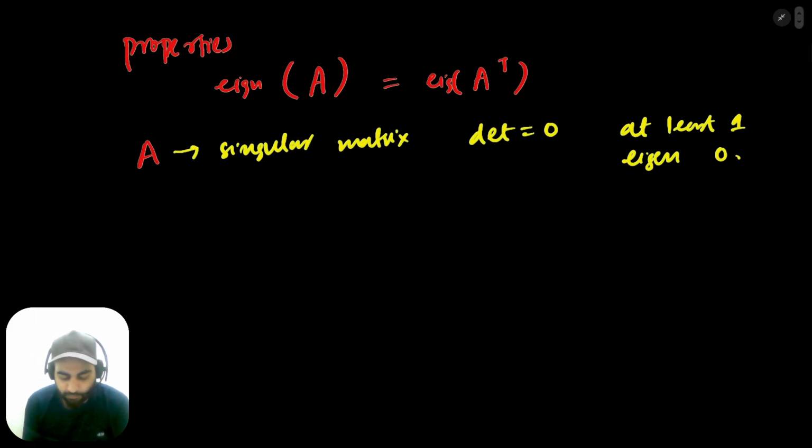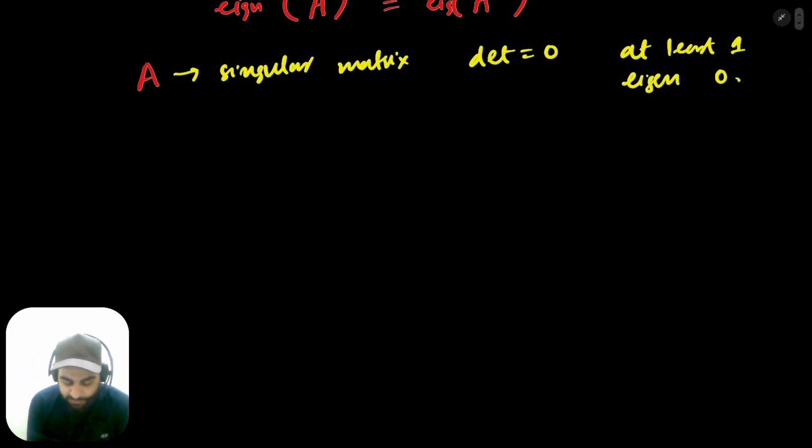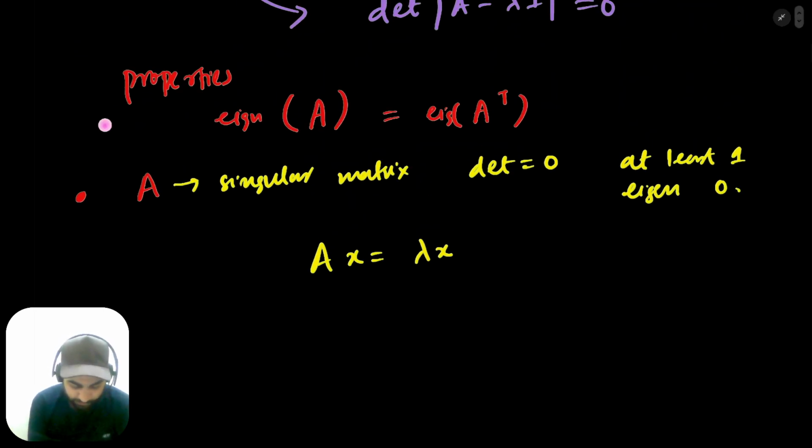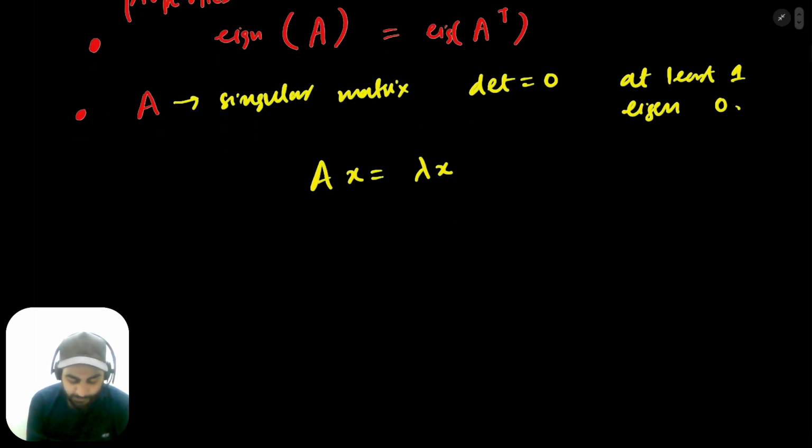And we can also prove one property for the inverses. Let's suppose we know that Ax is equal to lambda x, or Av is equal to lambda v. This is the other property.